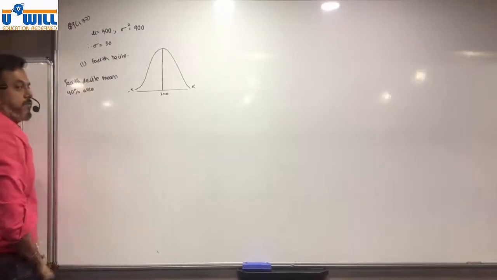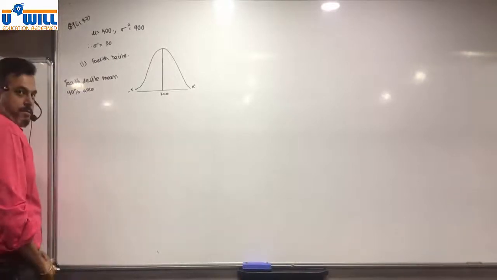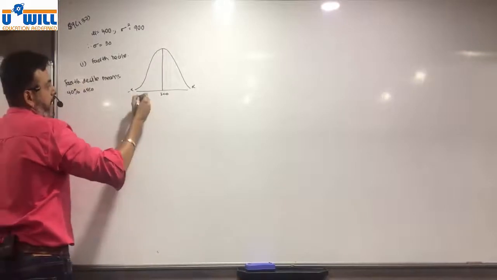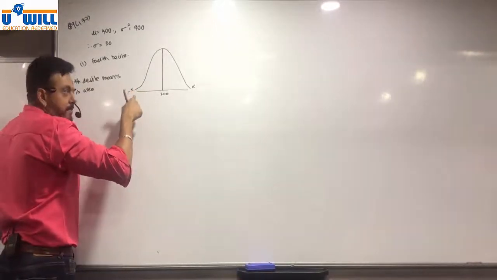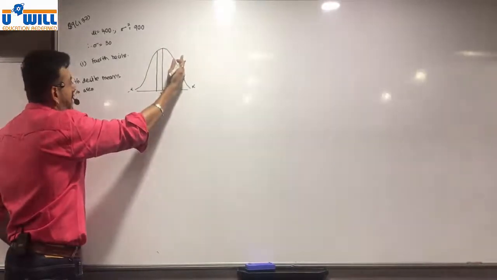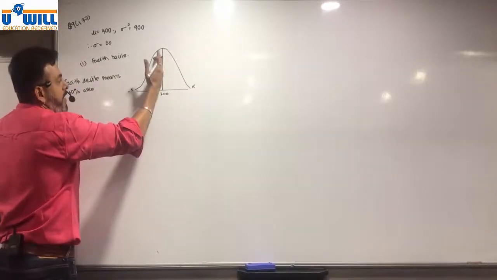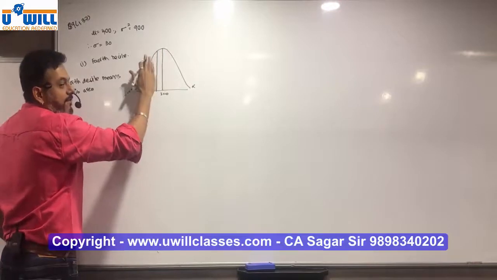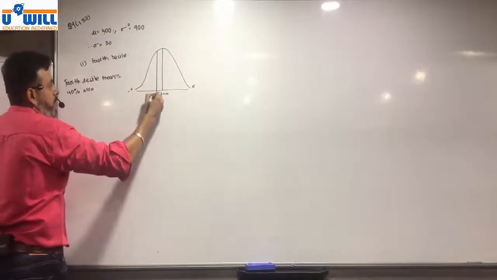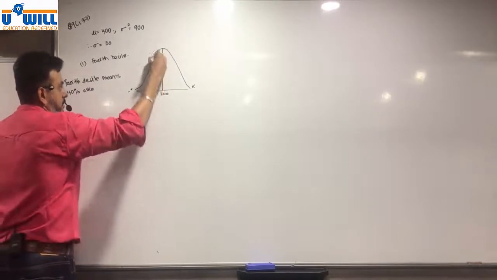So where will we start the shading from, left or right? Fourth decile means 40% area, so we start from the minimum and go till here. If you take the right hand side and shade like this, then this whole part comes, and this itself is 50%. So over here is 40%, and somewhere over here we write Z1 negative.